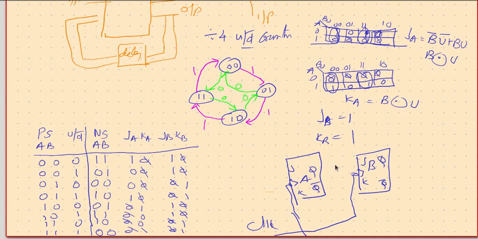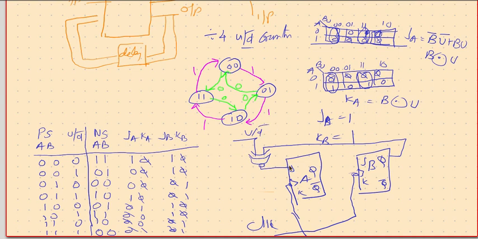Okay, what should be J? J should be B XNOR U. So we get B from here, and we need an XNOR, and this is our U D bar input.